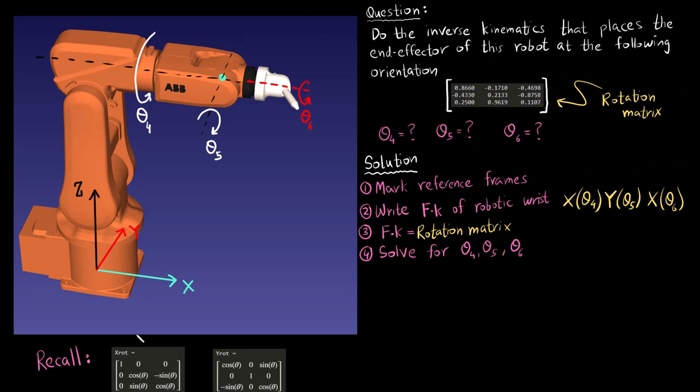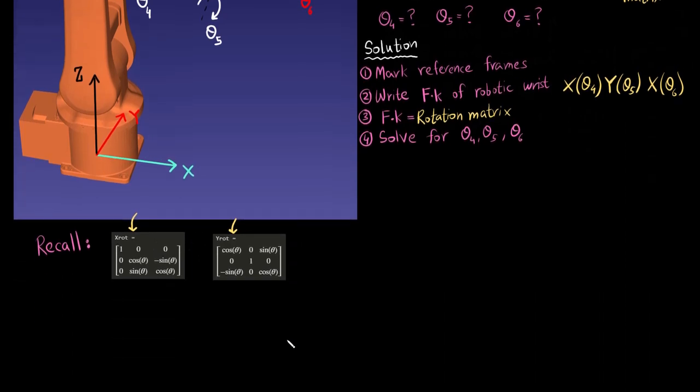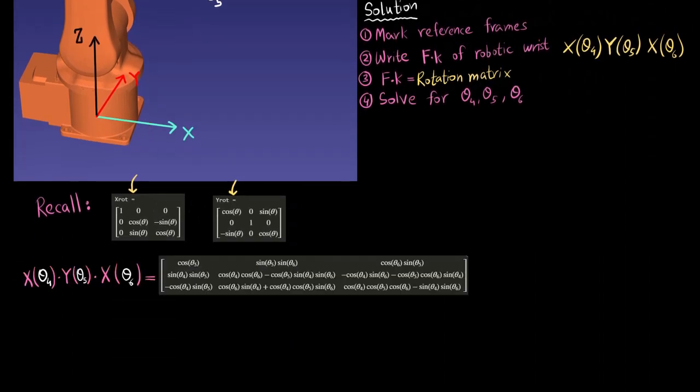Now I know my x rotation matrix is going to be made in this manner and my y rotation matrix is going to be made in this manner. And all I need to do is replace the theta with theta 4, theta 5, and theta 6 in this and this. So I have done that and I use MATLAB to do all the calculations and I end up with this 3 cross 3 matrix.